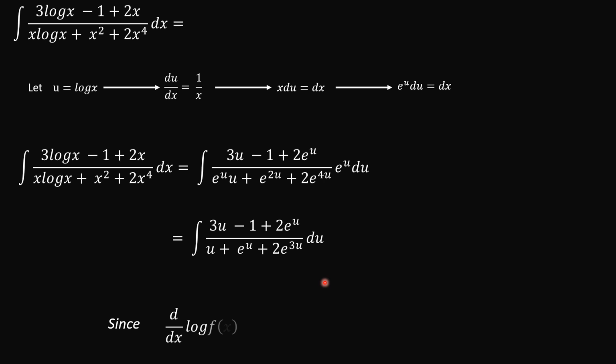So we can try to exploit the derivative of a natural logarithm of a function. We know that when we differentiate the natural logarithm of a function f(x), it is the same as the derivative of f(x) over the same function f(x).